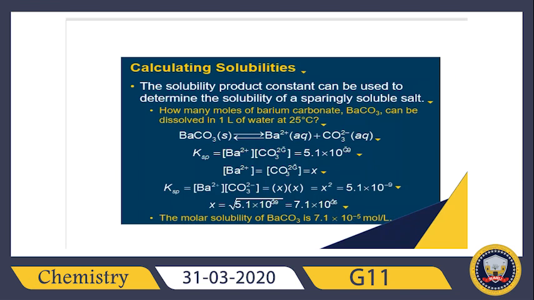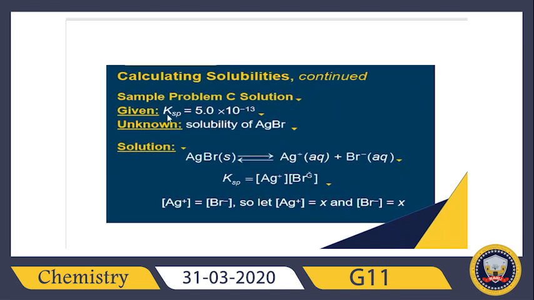Okay, so guys, here is another example, to know how to calculate the solubility of silver bromide, knowing the value of Ksp. The same way, Ksp is equal to 5 times 10 to negative 13, and we need to find the solubility of silver bromide.